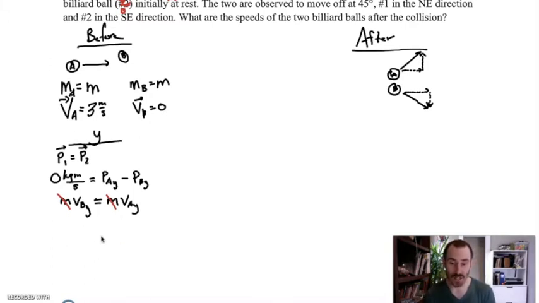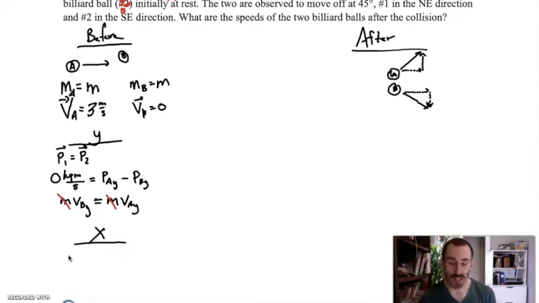Now we're going to do the same thing for x here. X. Okay, but in this case there is momentum at the beginning. So we're looking for what are all the momentums in the x direction at the beginning. It's really only ball A's momentum.